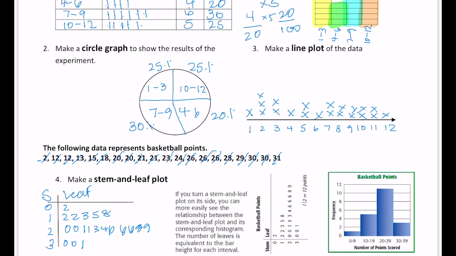So typically bar graphs have more to do with qualitative data, and histograms do more with quantitative data. I hope I spelled those right. Quantitative data means numbers, and qualitative just means features.